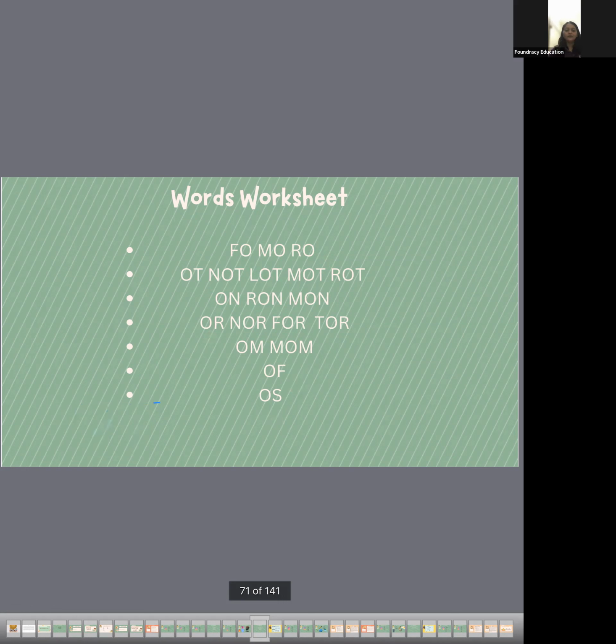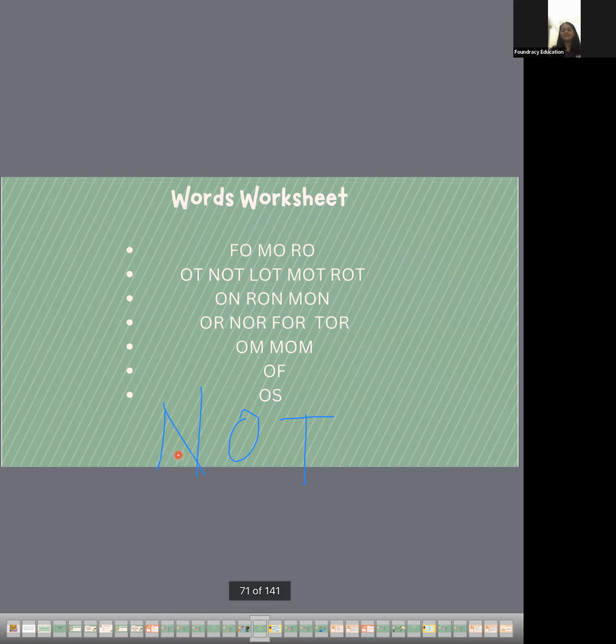Now, when you do the 3-letter word, again, let the kids blend first, writing the entire word like ought. Let them blend this. Of course, we would have done it earlier, so they will have some understanding that it is no. But if they have forgotten, since we are in the very initial phases, you point and tell them the same rule.